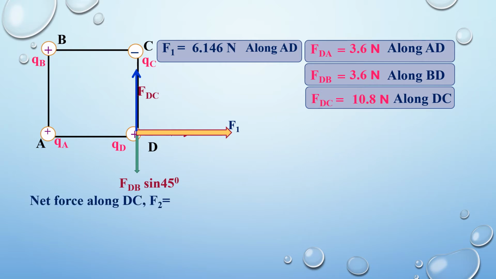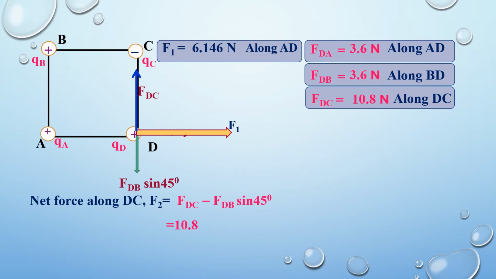Now let us find the net force along DC. Net force along DC let us consider as F2, where F2 is nothing but FDC minus FDB sine of 45. Now FDB is in the negative quadrant shown by that green line, which is FDB sine of 45.